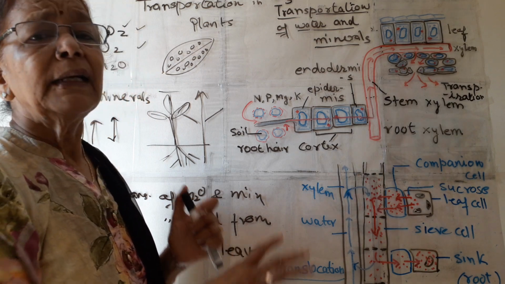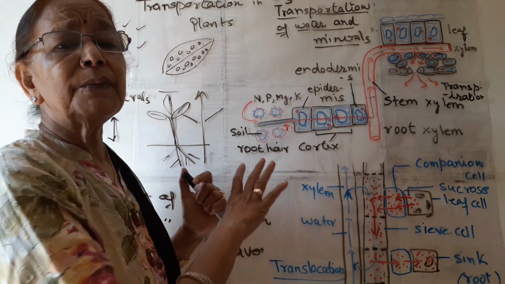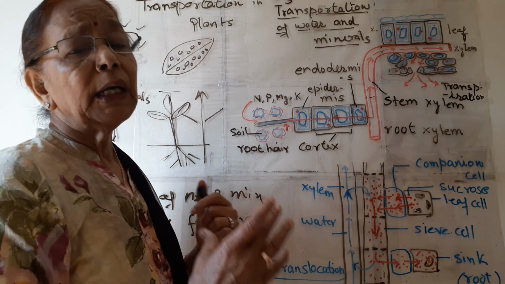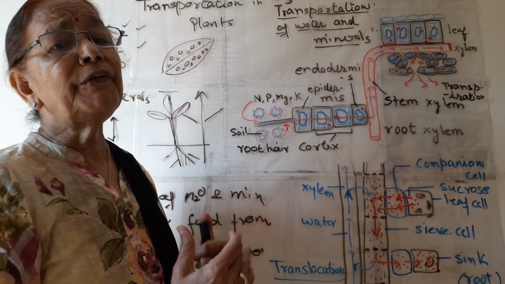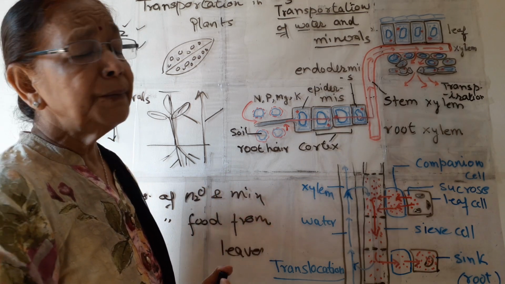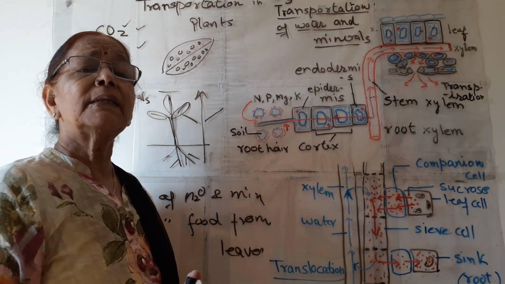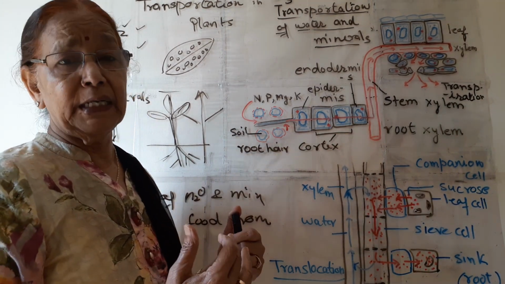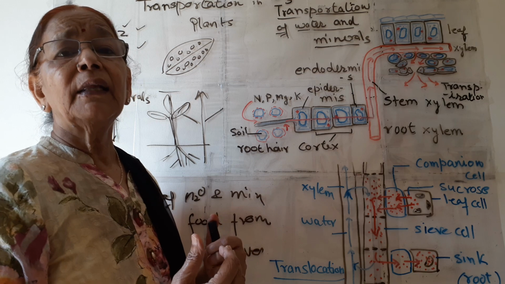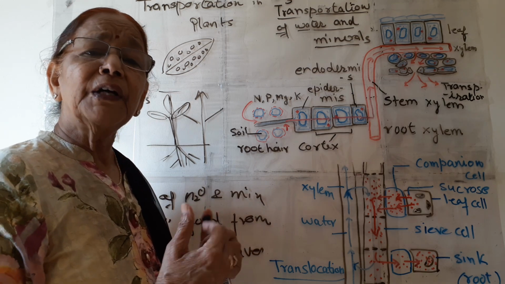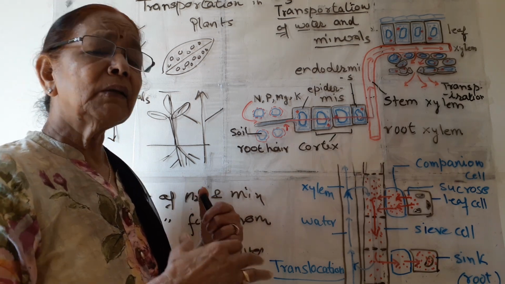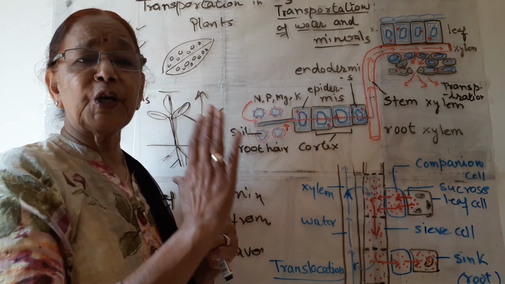And second, these transportation systems are slow in comparison to the systems of animals. Why? Because animals need a lot of energy. They are moving, they have many functions to do, but plants on the other hand are stationary.